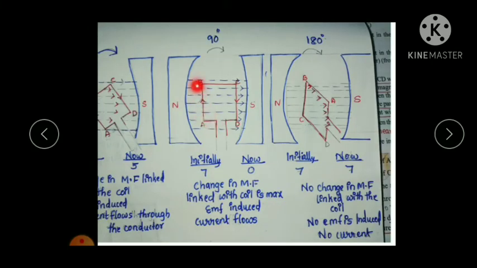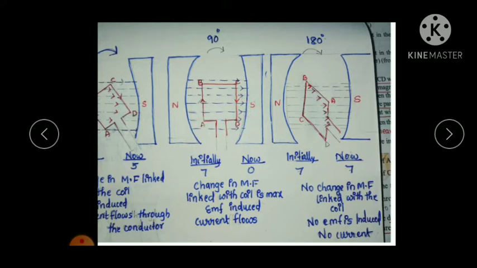A, B, C, D. The armature coil now becomes parallel to the magnetic field lines. So this is the stage of 90 degree. At this stage, the armature coil ABCD is parallel to the magnetic field lines.